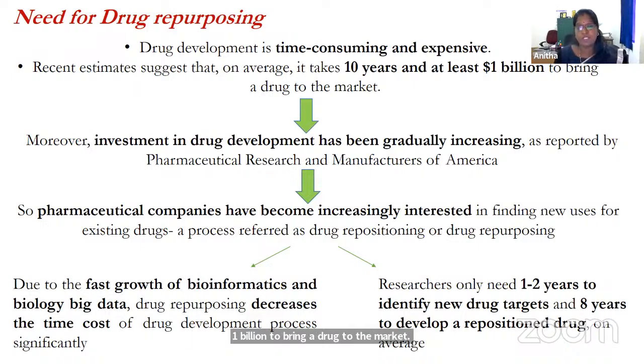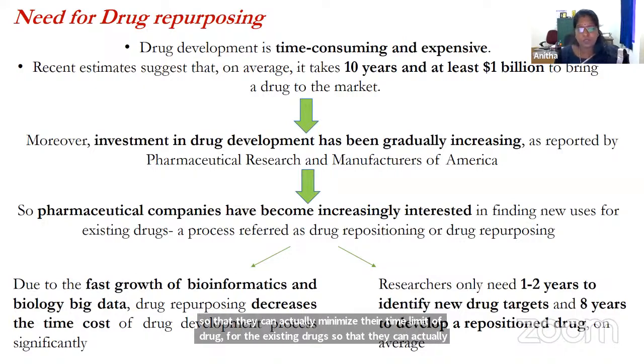Moreover, pharmaceutical companies have started to invest more in drug development, especially in the field of drug repurposing, where they are able to find new uses for existing drugs so that they can minimize the time limit of drug identification or drug development. That process we call drug repositioning or drug repurposing.